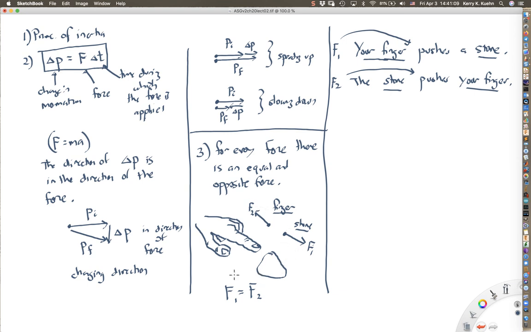They're in opposite directions, but their sizes are the same. And you can literally do this just grammatically by exchanging the subject and the direct object in these sentences. Okay? All right, so that is a brief introduction to Newton's three laws of motion. Let me stop there, and now I will introduce the lab in the next lecture.